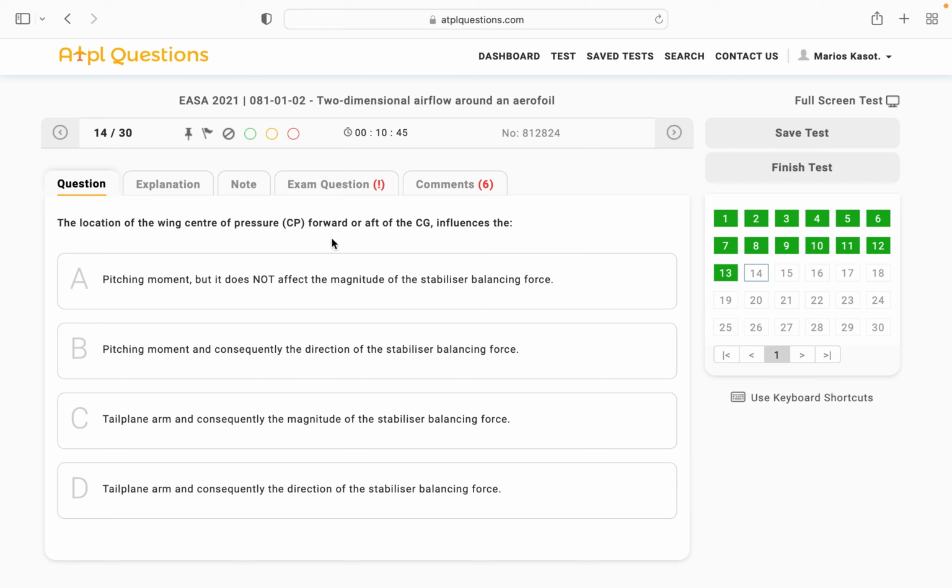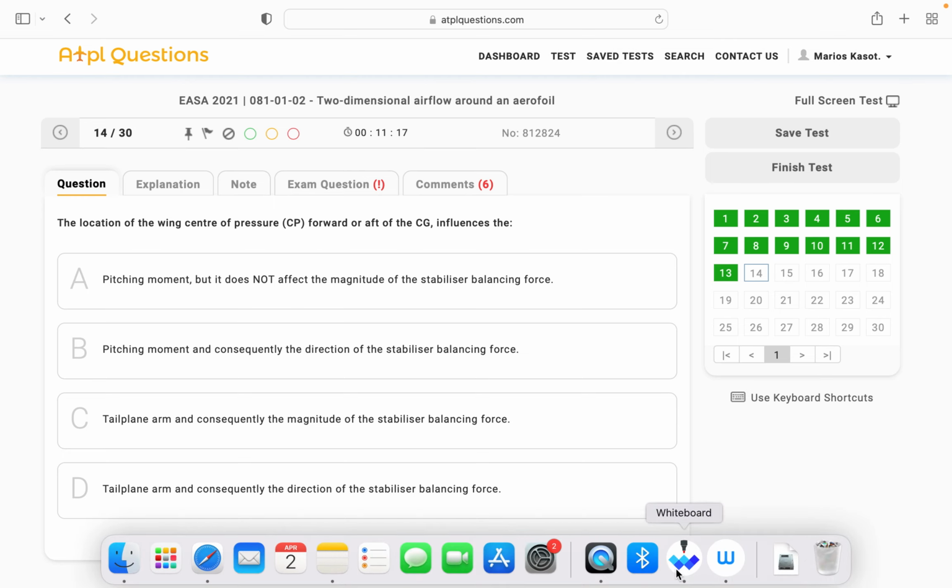The location of the wing center of pressure, forward, or aft of the center of gravity, influences the pitching moment, but it does not affect the magnitude of the stabilizer balancing force, pitching moment, and consequently the direction of the stabilizer balancing force. Okay, this one is correct, but let's see why.